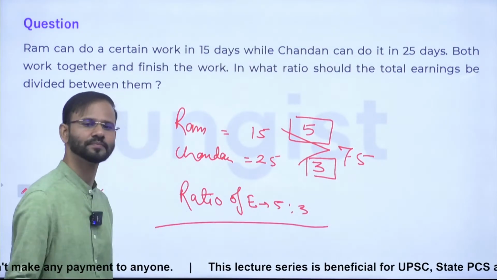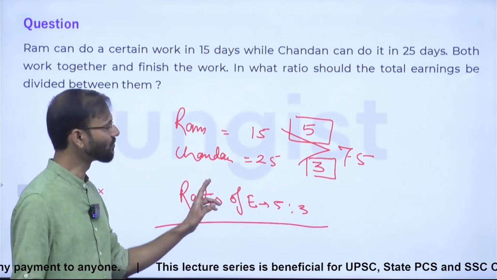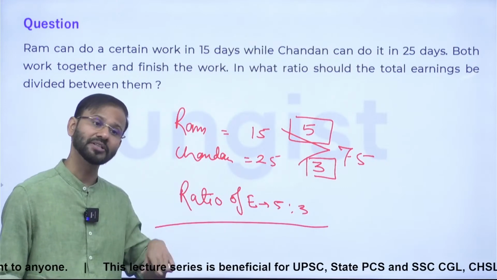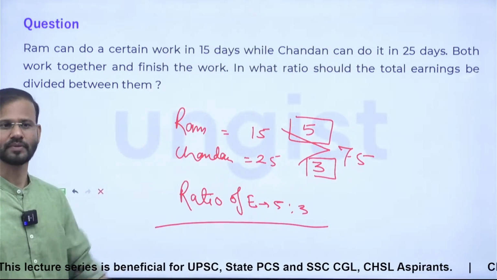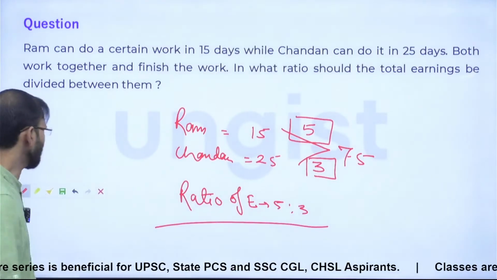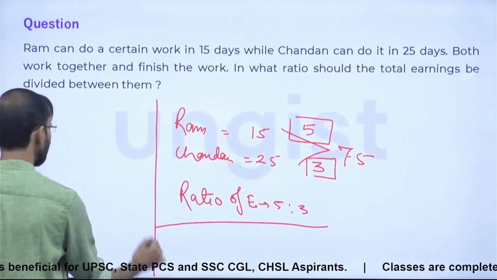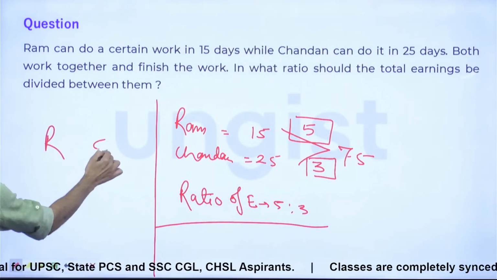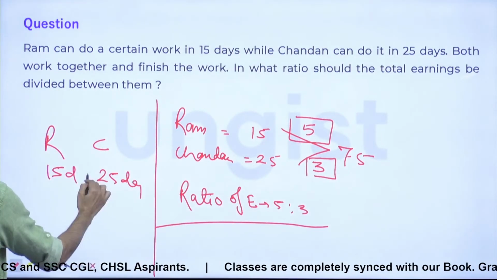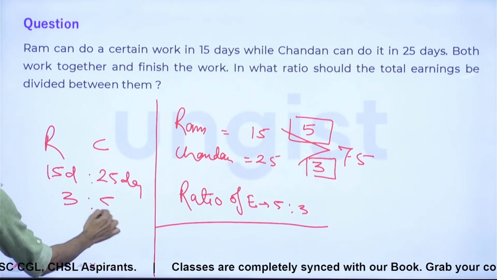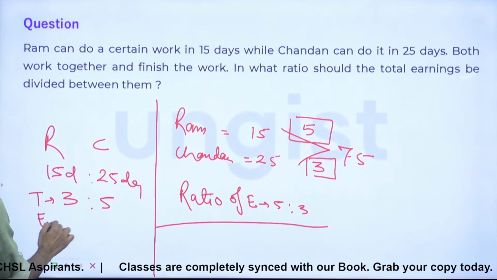Getting it everyone? Right? But I won't advise you to solve this question like this in the examination. While you can solve this question just by reading the data. Because the time is given, Ram and Chandan, 15 days and 25 days. So this is the ratio of the time, so ratio of the efficiency would be 5:3.